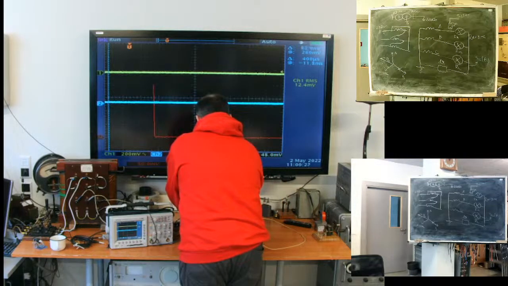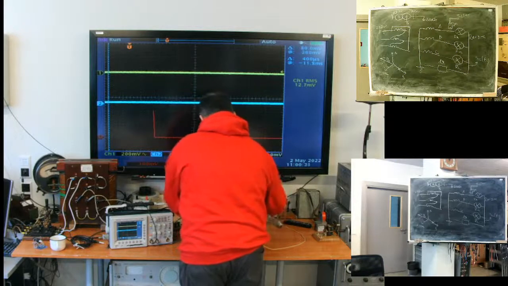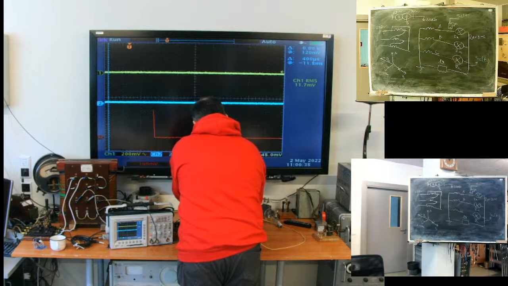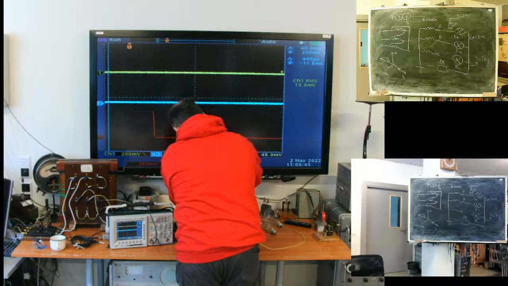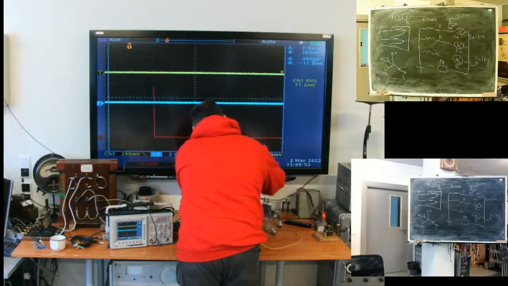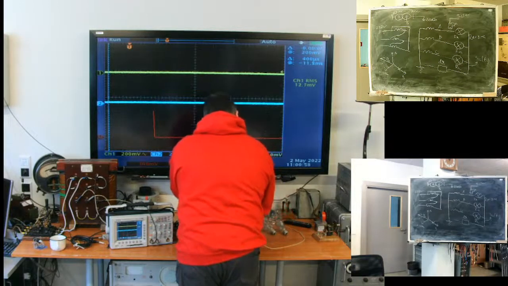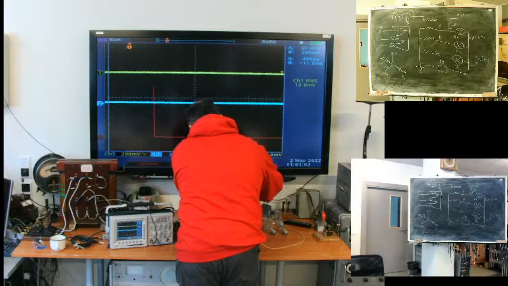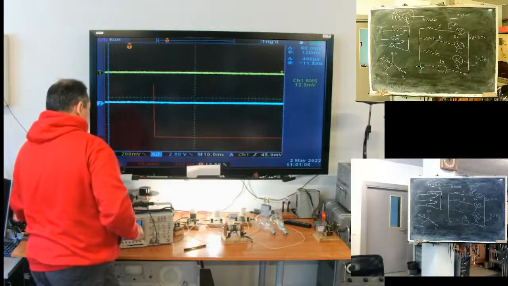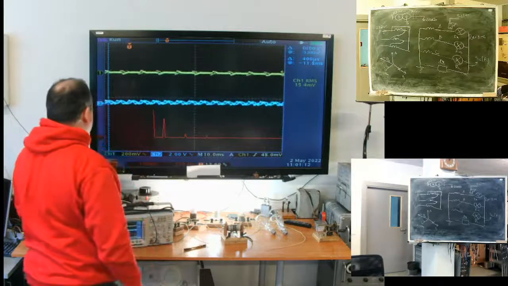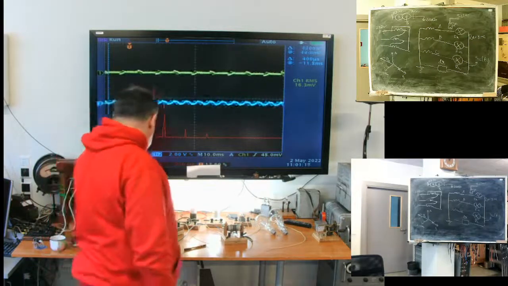One second. I need this one. You see, the current is much smaller.